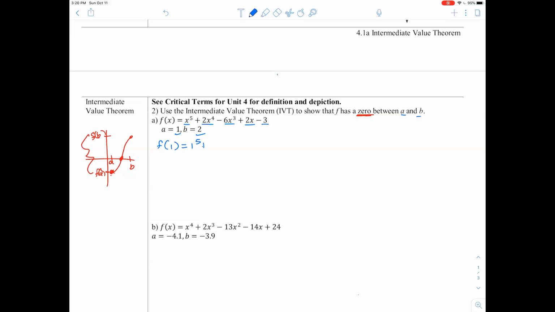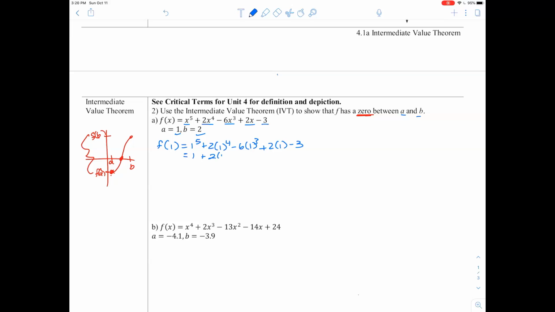And so let's find the f of 1, and we could plug that in. So that would be 1 to the 5th plus 2 times 1 to the 4th minus 6 times 1 cubed plus 2 times 1 minus 3. And we could simplify that really quickly. You can also plug it into your calculator if you want to. That would be fine. But when you raise 1 to a power, it's always 1. 1 times 1 times 1 times 1, it's 1.